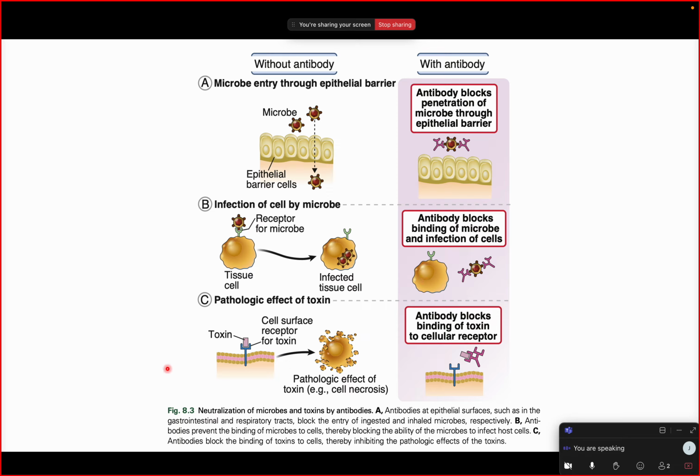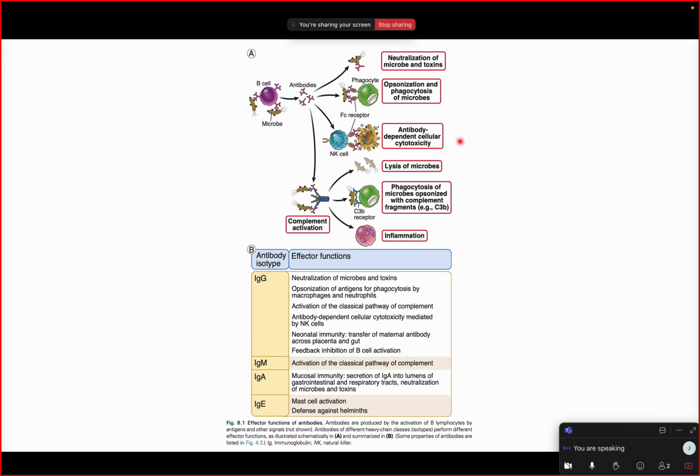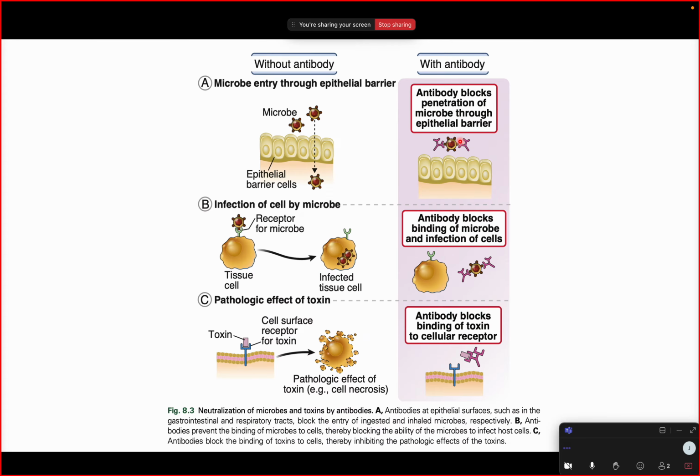Once the toxin is there and the antibody comes and binds to it and neutralizes it, it cannot further infect our system. This is what we mean by neutralization of the microbe or the antigen, which is one of the major functions of the antibodies, specifically IgG and IgA type of antibodies.